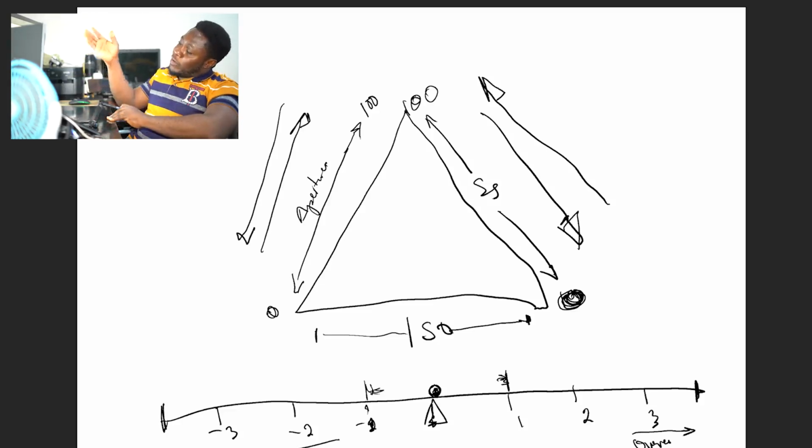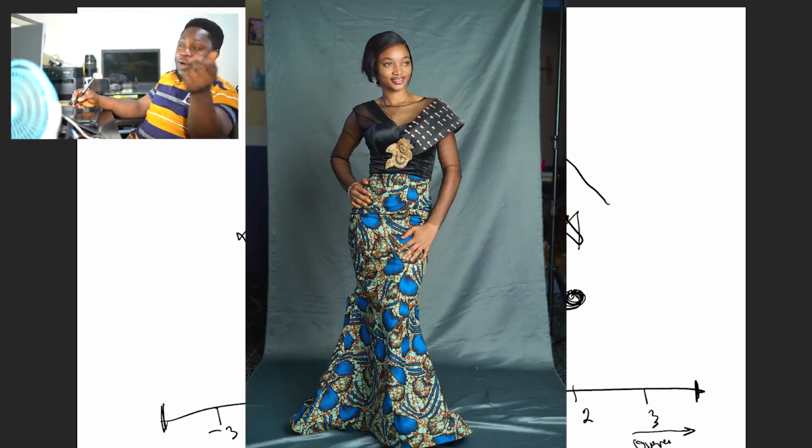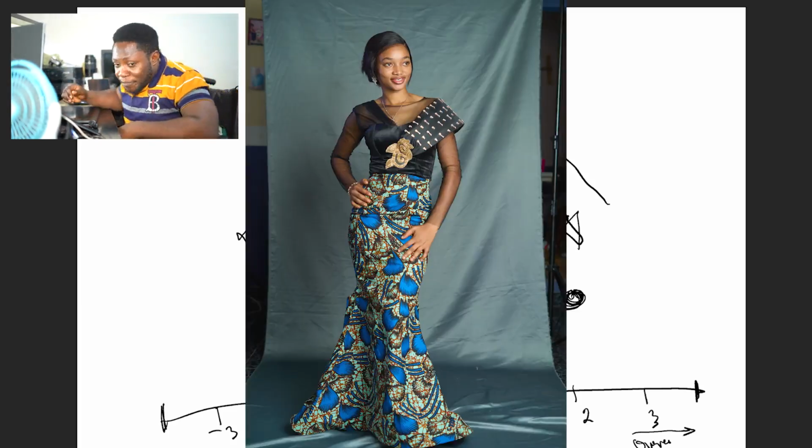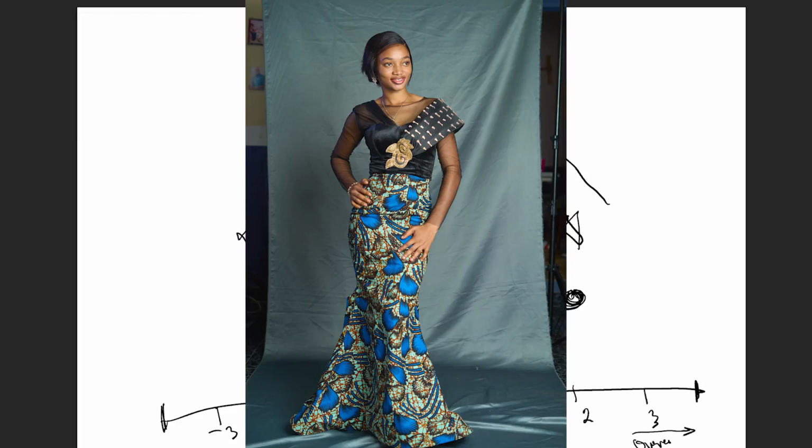So the fact that you want to maintain perfect exposure on your exposure meter does not mean that it's a rigid rule that you cannot change. I'll give you an example. The photograph we shot when that lady came the other time. When I was shooting it, at that point in time, I lowered my aperture, so I think 2.2.